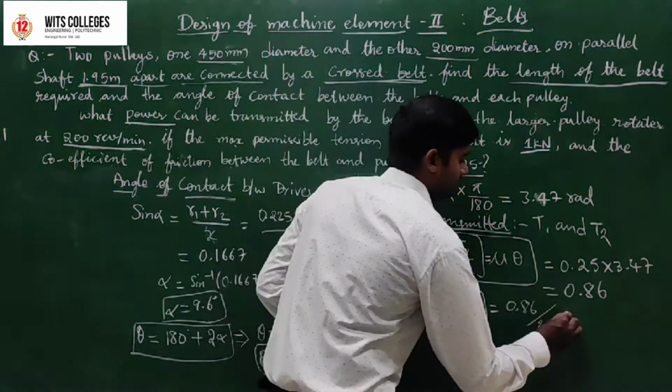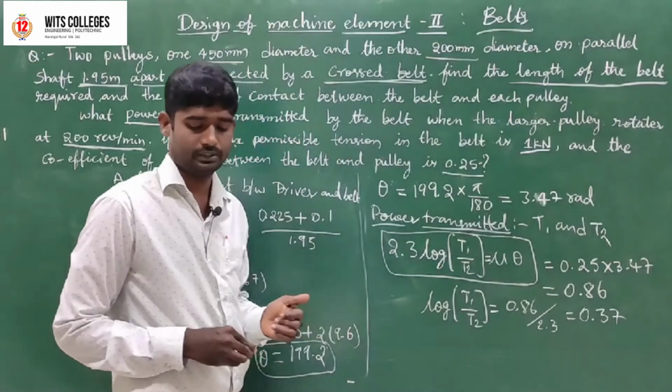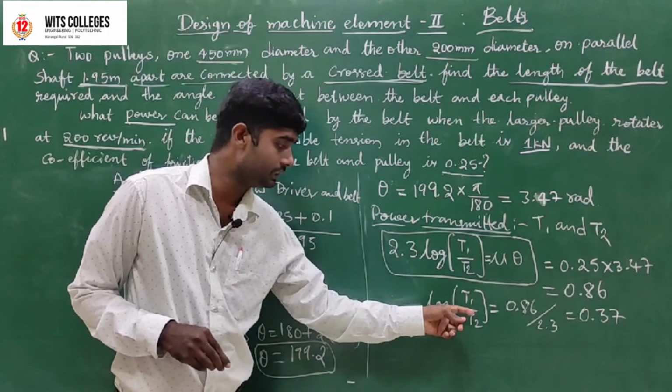This answer is 0.37. This is log T1 by T2.